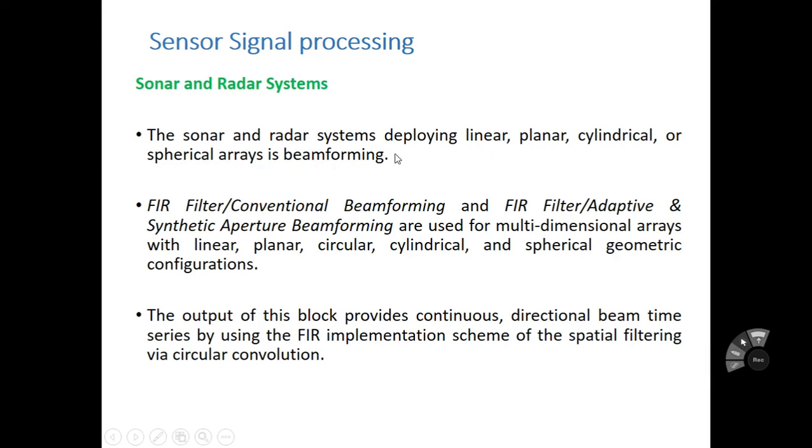Means the signal beamforming may be in linear, planar, cylindrical or spherical array configuration. Then in this block, the FIR or conventional beamforming are used in the multi-dimensional array with these configurations, and the output of this block provides the continuous directional beam time series by using the FIR implementation scheme of the spatial filtering.